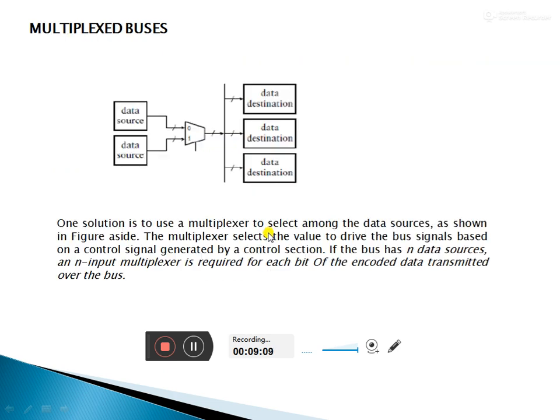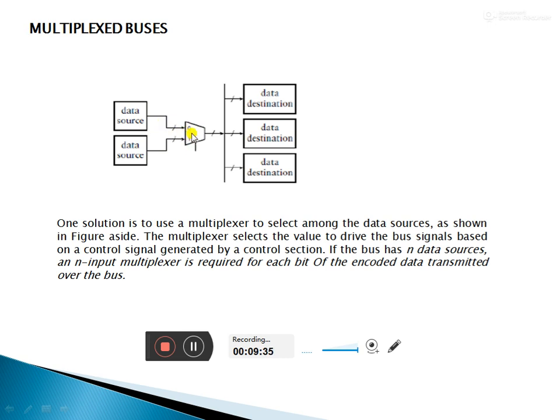If we are using a single device, we can use fewer parallel connections. Now, if we are using more connections, we have to multiplex. So there are these devices, data sources, and one more device, a multiplexer, we are using here.